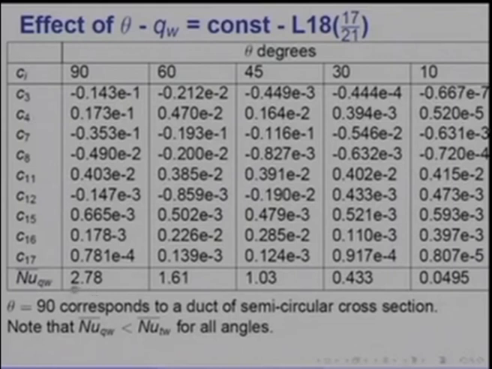And you can see for theta equal to 90, the circumferentially average heat transfer coefficient is 2.78, 1.61, 1.03, 0.433, and for a very narrow angle it is 0.4049. You will see that the Nu Q wall bar is less than Nu T wall for all angles. Remember, we had 4.02 here, 3.90 something here, and so on and so forth.